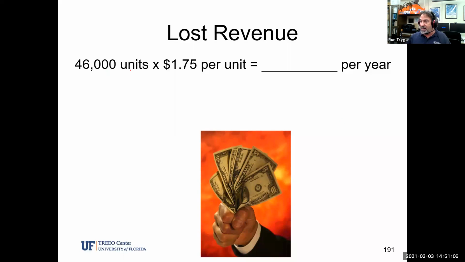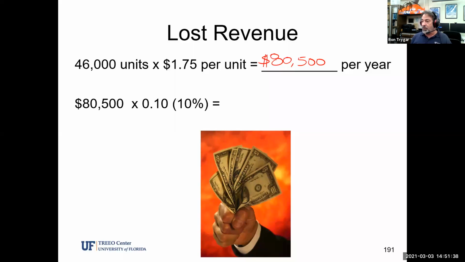So 46,000 units at $1.75 apiece. 46,000 times 1.75, and you come up with $80,500 per year. We have billed or tried to recoup $80,500 per year.